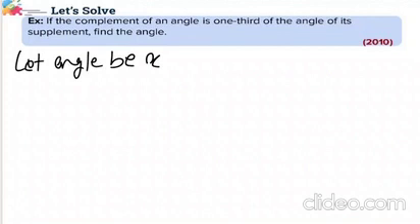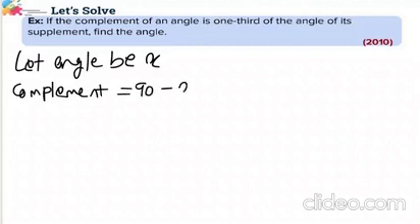So the required angle we want to find is x. Now what is the complement? So if you want to find the complement, it will be 90 degrees minus x, isn't it?